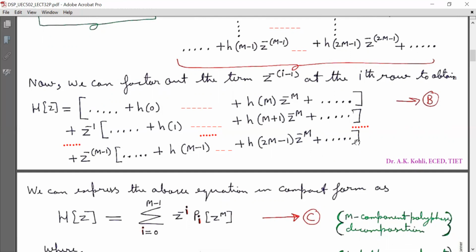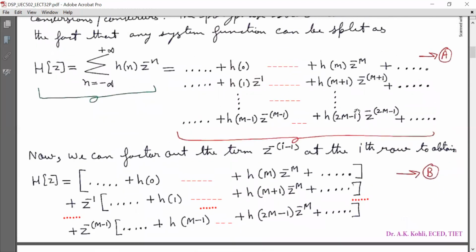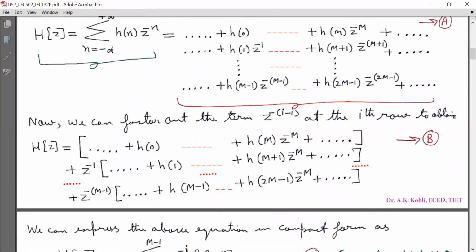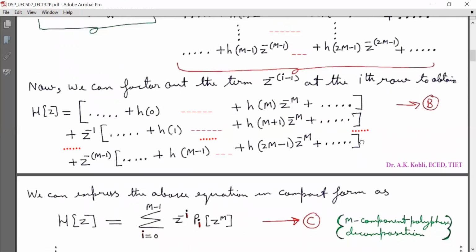It's very simple. In equation A, I have arranged the elements of this series in a particular fashion in every column. And then I have taken out the common factor z^(-(i-1)) from the ith row to obtain equation B like this.